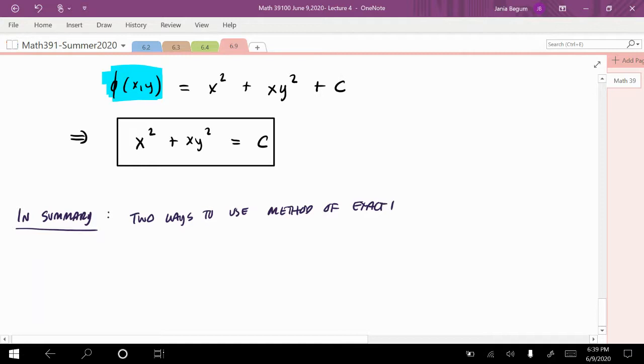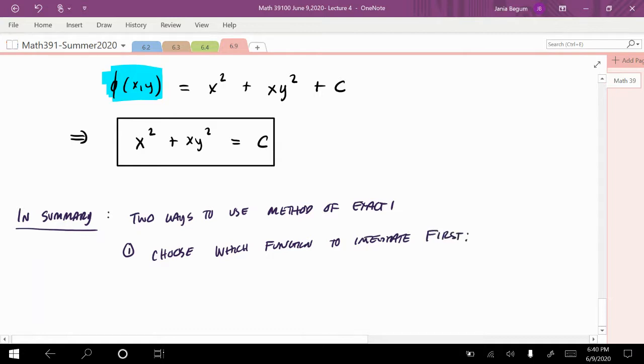One is, you can pick and choose which one you want to integrate first. Do you want to integrate m or do you want to integrate n? So choose which function to integrate first.